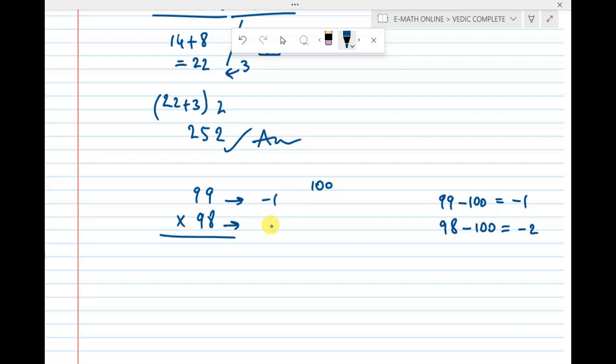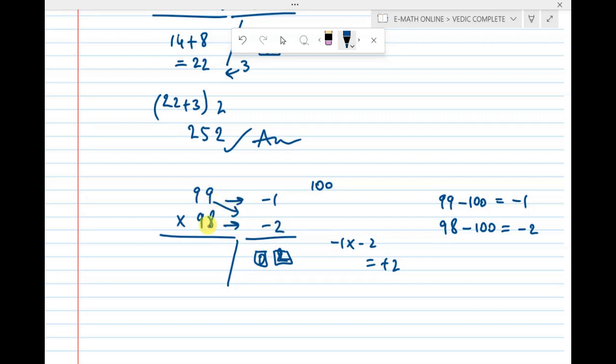The deviations are minus 1 and minus 2. Since the base has two zeros, take two empty boxes. Minus 1 into minus 2 is how much? Minus into minus is plus, 1 into 2, 2 only. So only one box we can fill, and the remaining box should be filled with 0.